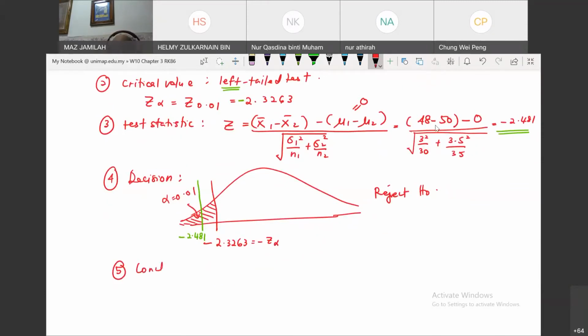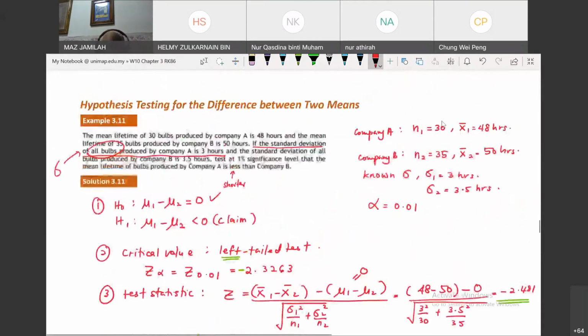When we reject the null hypothesis, what will be our conclusion? Remember class, our claim is the alternative, which means we need to support it.